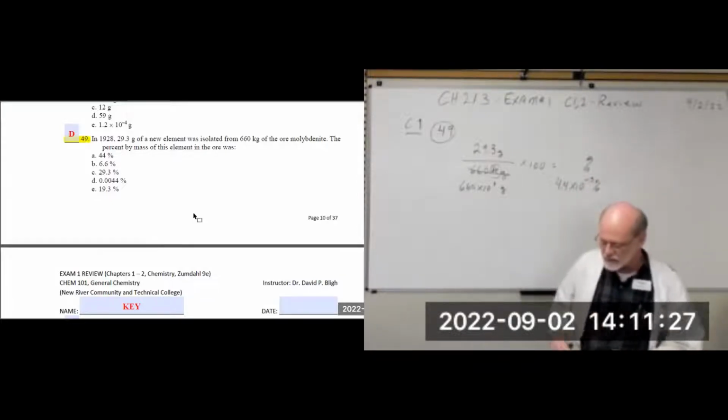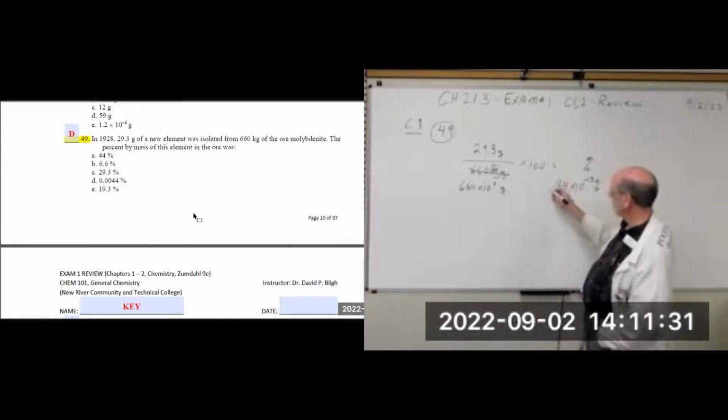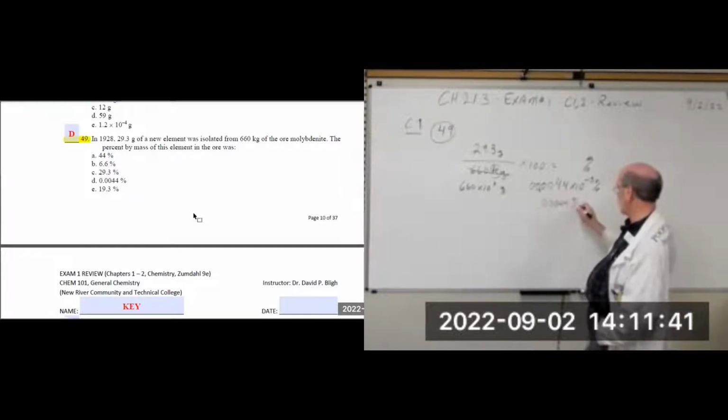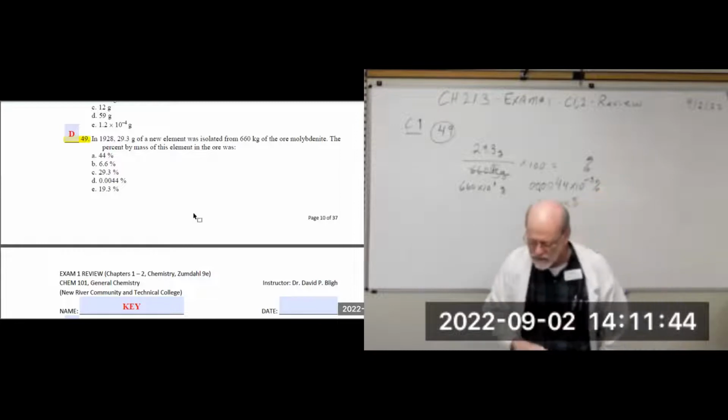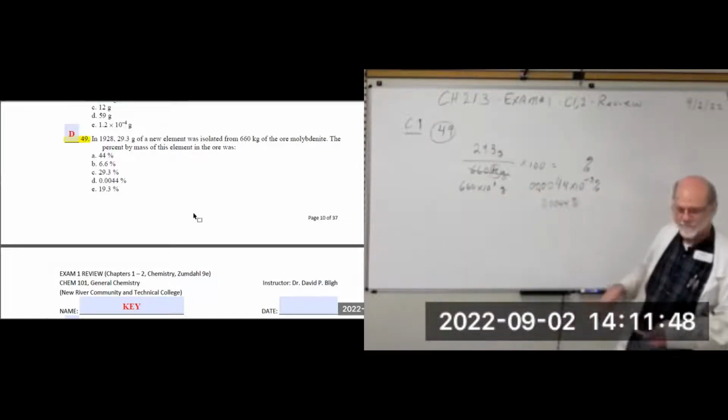Or it's probably in standard notation, isn't it? Yeah. So we need to move it 3 to the left. 1, 2, 3. Right here. So it's 0.0044%. D. Okay?